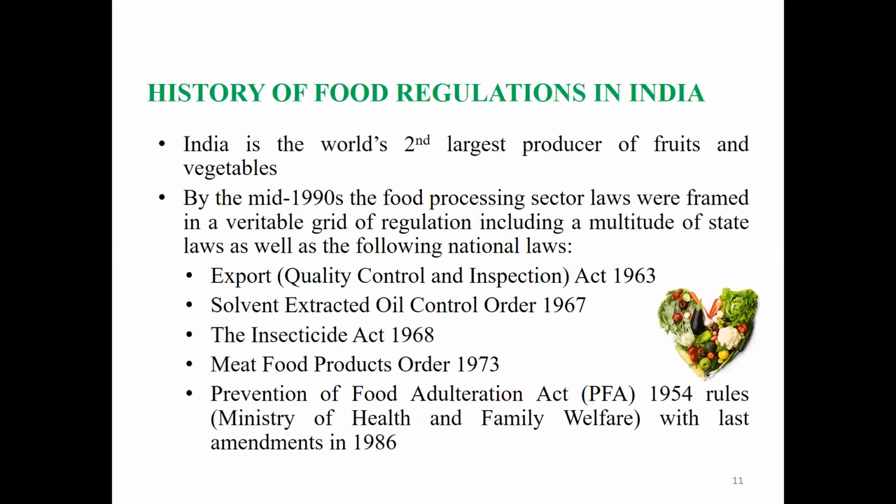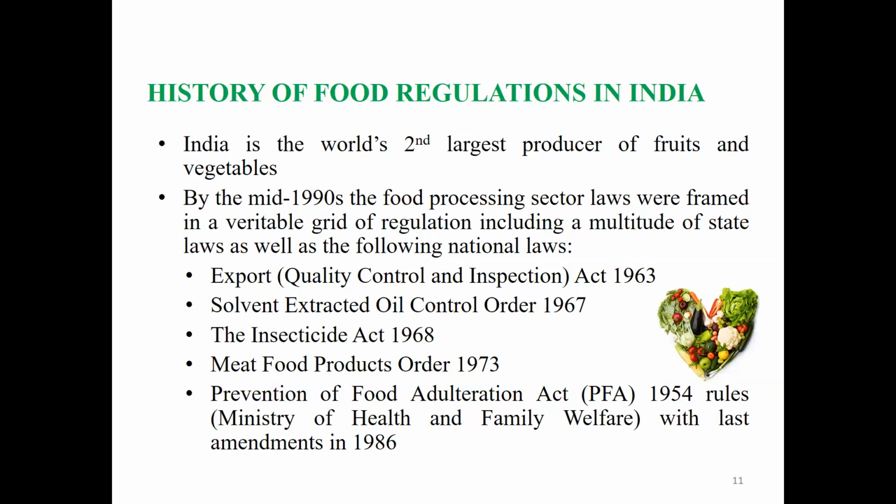So what is the history of food regulations in India? We talked about nutraceuticals and functional food in the previous slides. So now, what are the regulations and history of food regulations in India?